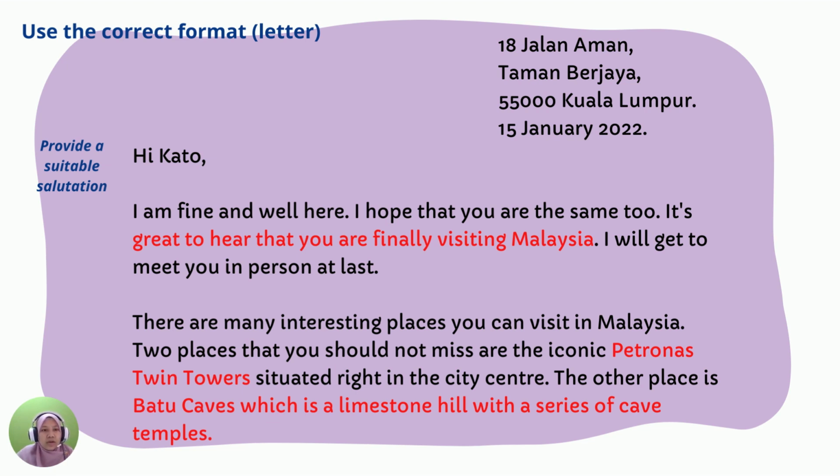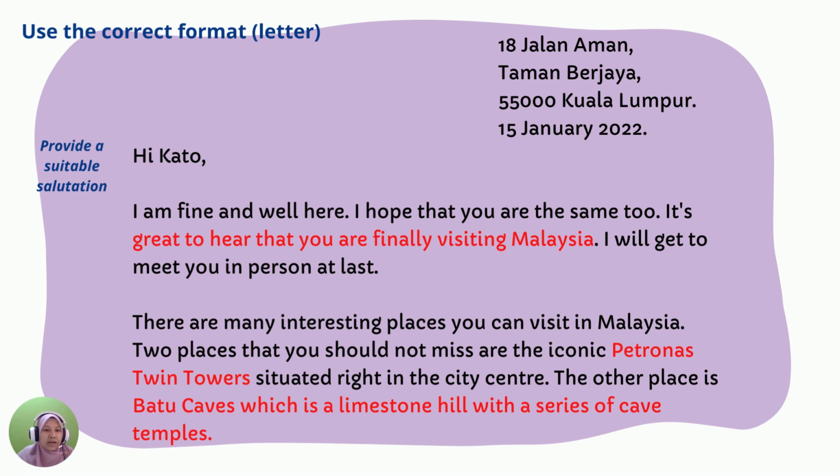Hi Katu, I am fine and well here. I hope that you are the same too. It's great to hear that you are finally visiting Malaysia. I will get to meet you in person at last. So here we respond to the keywords that we have underlined earlier.